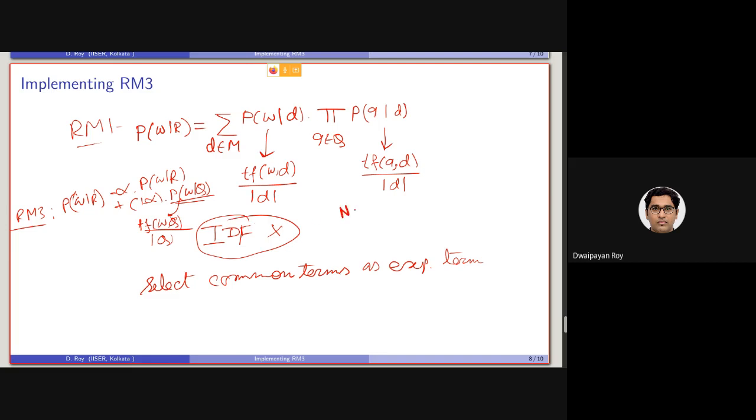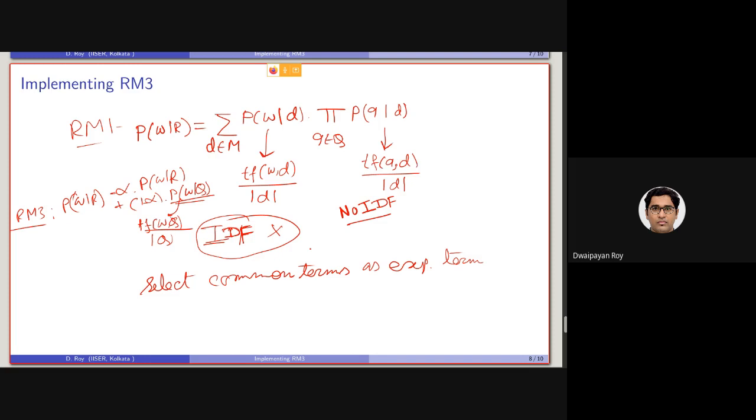As there is no IDF, it selects pretty common terms as potential expansion terms. This is a drawback of RM3 and RM1. In order to address that, there are some works where IDF is explicitly inserted into this model, but the vanilla RM1 or RM3 suffers from this problem of selecting very common terms as expansion terms.